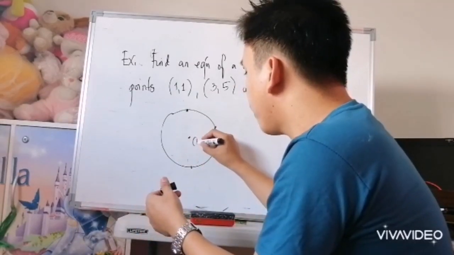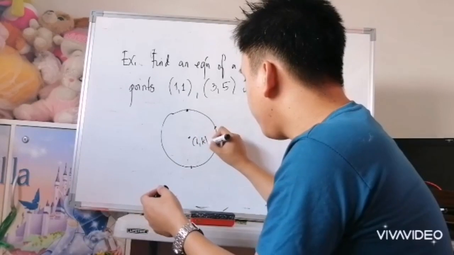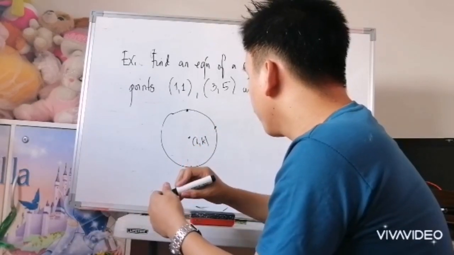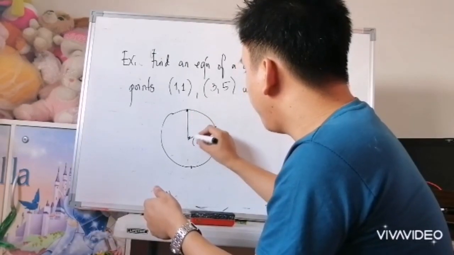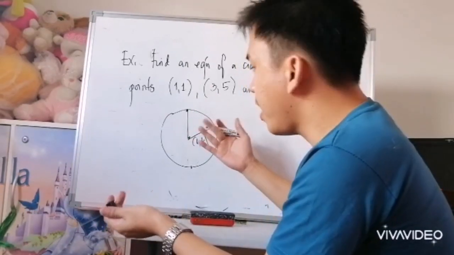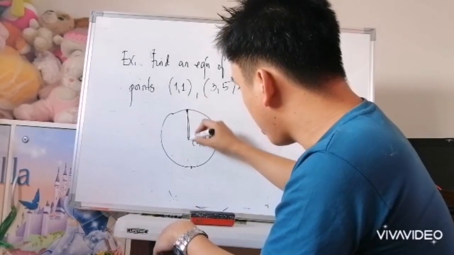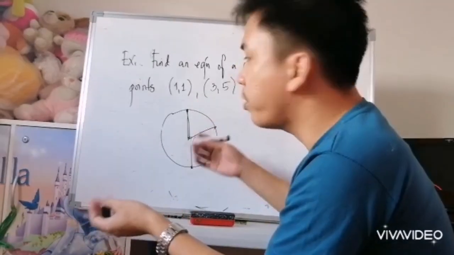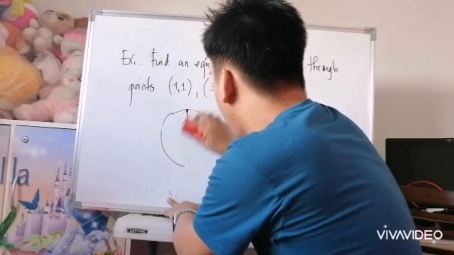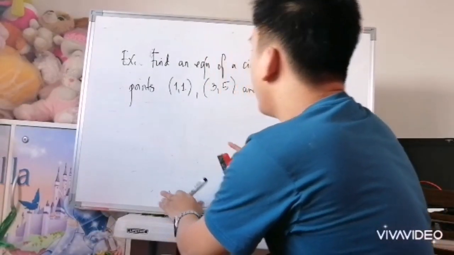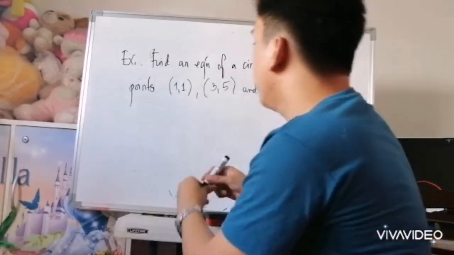So suppose your center is (h, k). If you take the distance here and the distance here, they're both the same. So in order for me to do that, I shall create a system of equations from these 3 points.